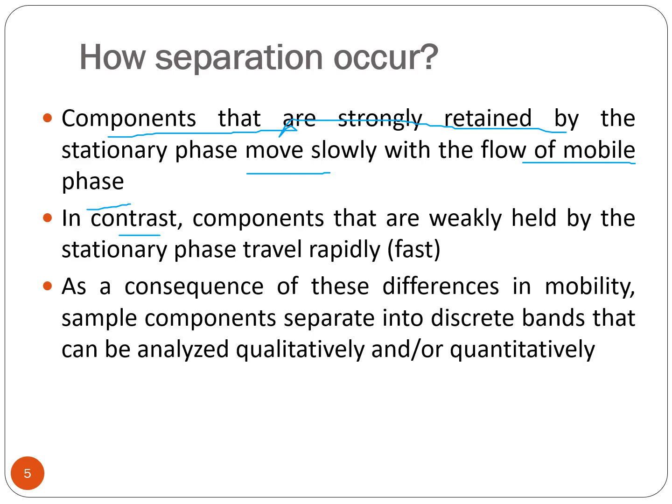Okay, sebaliknya pula, component that are weakly held by the stationary phase travel rapidly ataupun fast. Sebabnya dia weakly held by the stationary phase. Stationary phase ni phase yang tak bergerak.